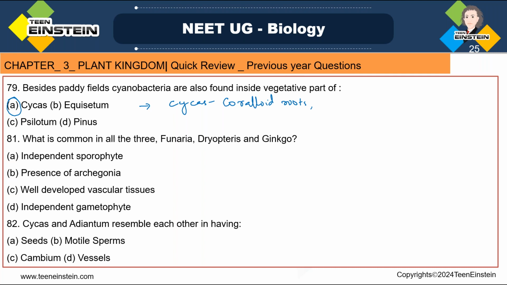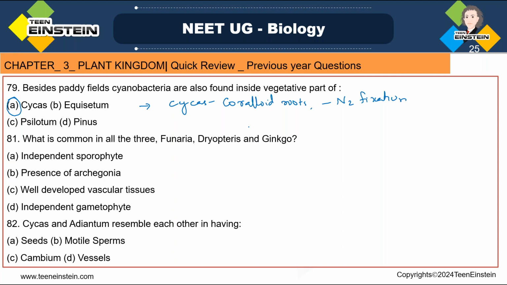These roots are associated with what? Nitrogen fixation. That means they are associated with nitrogen fixing cyanobacteria, which may be Nostoc or Anabaena.